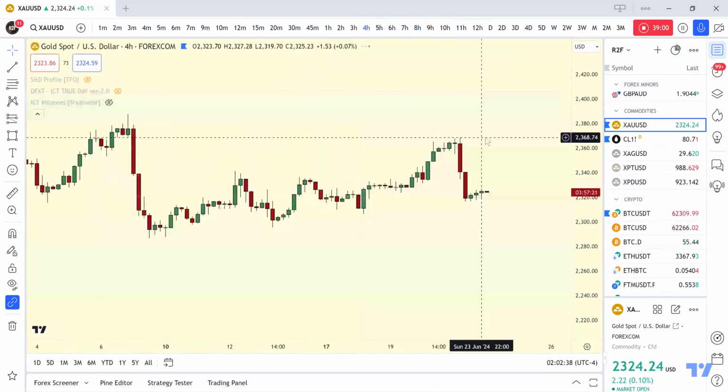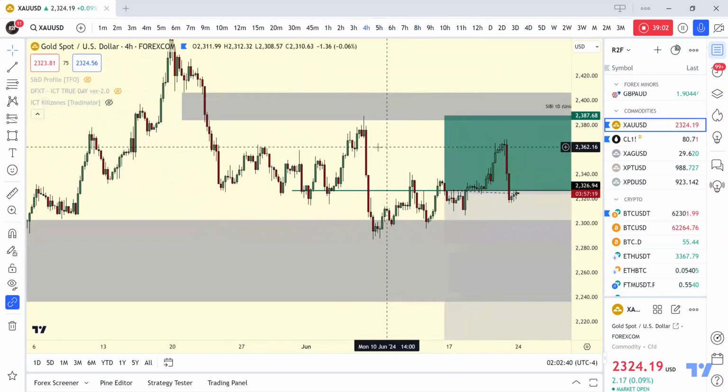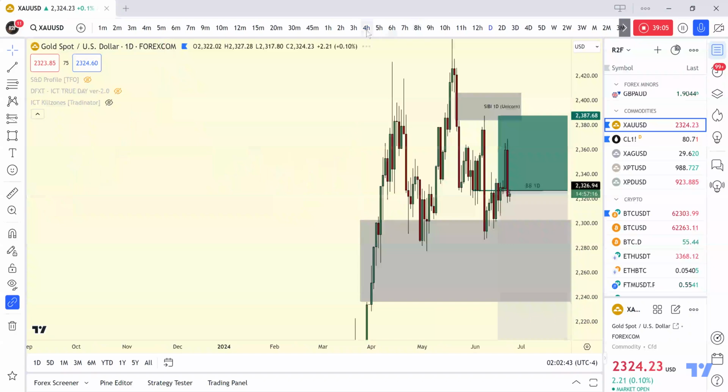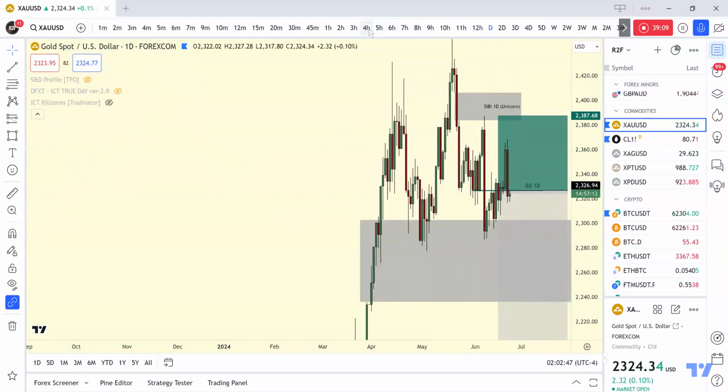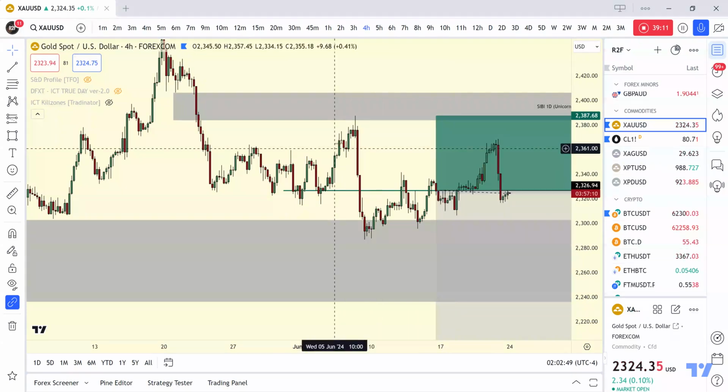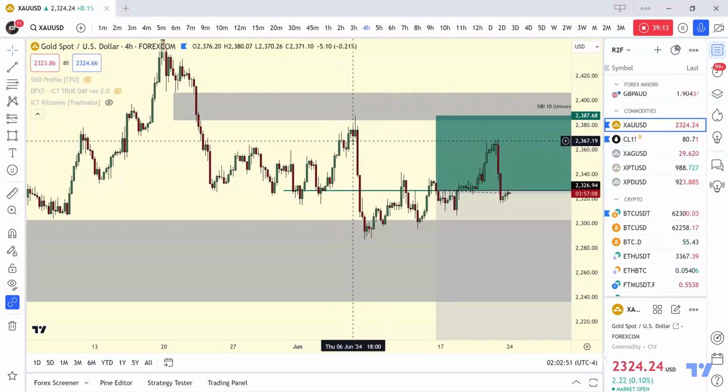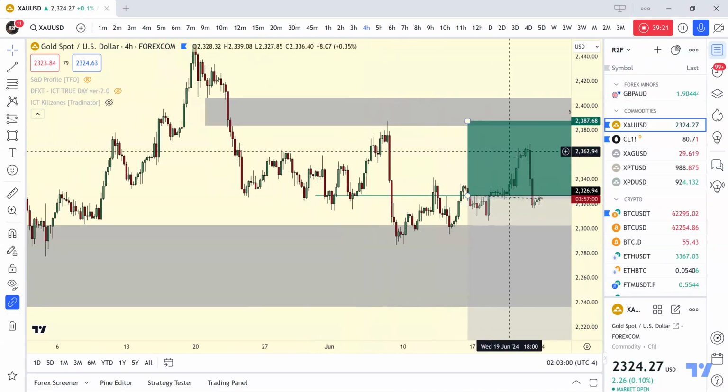Anything on that? Let's go to the 4 hours. Okay, so 4 hours. Let's go back to daily again. So we came into this order block, 4 hour. Inside the order block is a breaker. So these are PD arrays, confluence of PD arrays. Okay, and then it comes all the way up to here.